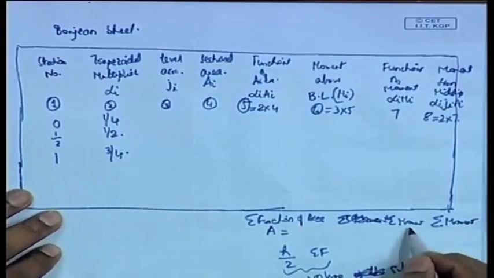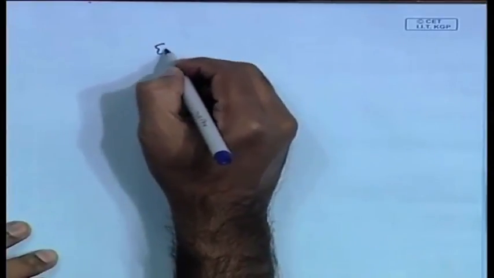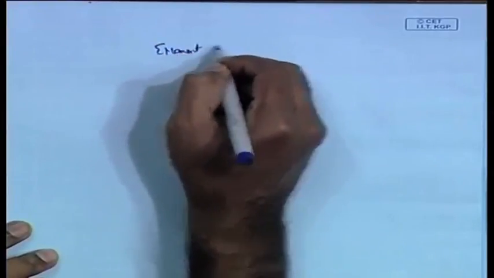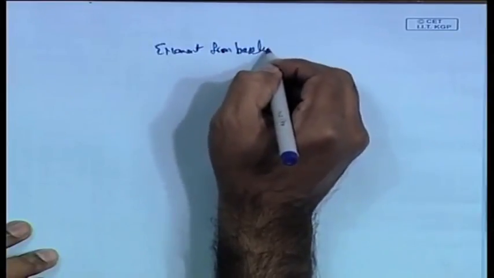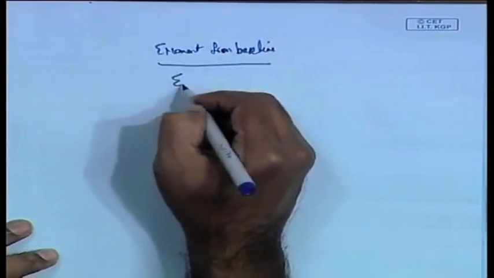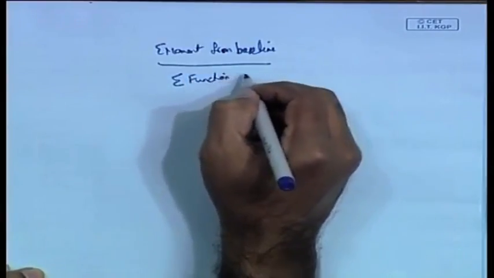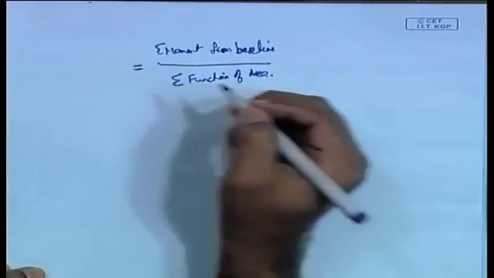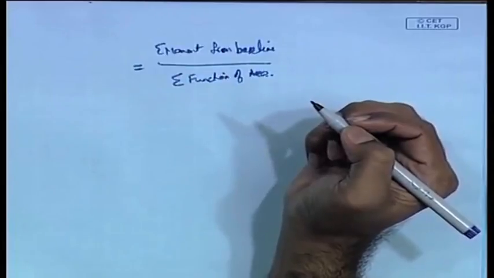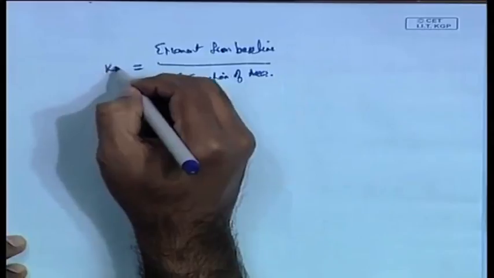And what is the use of the moment? What is the use of the sigma moment from the baseline? The sigma moment from the baseline divided by sigma function of area will give you the Kb.